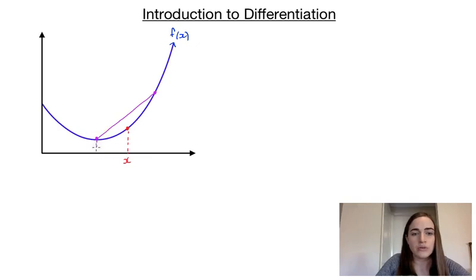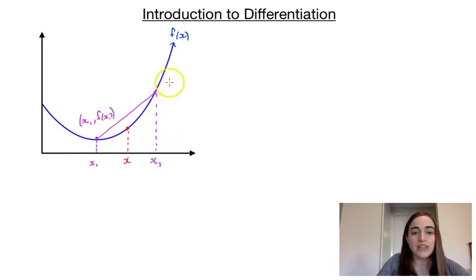So if we called this x1 and this point here, we'd call that x2. Then this point here would have coordinates x1, and then to find its y coordinate, we'd substitute that x value into the function. So its y coordinate would be f of x1.